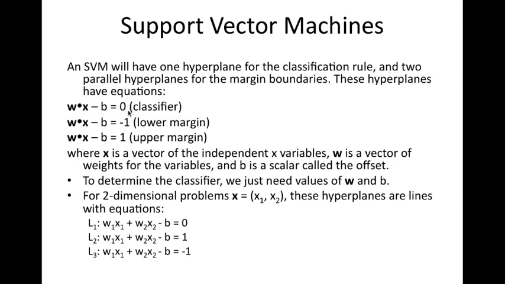So when that equals 0, it's the classifier. -1 and +1 give the lower and upper margins. And so to determine the classifier, we just need values of w and b. That'll give us the equation of these lines or hyperplanes. So here's an example just for the 2D case. We have these 3 lines, which are all we need for the SVM.